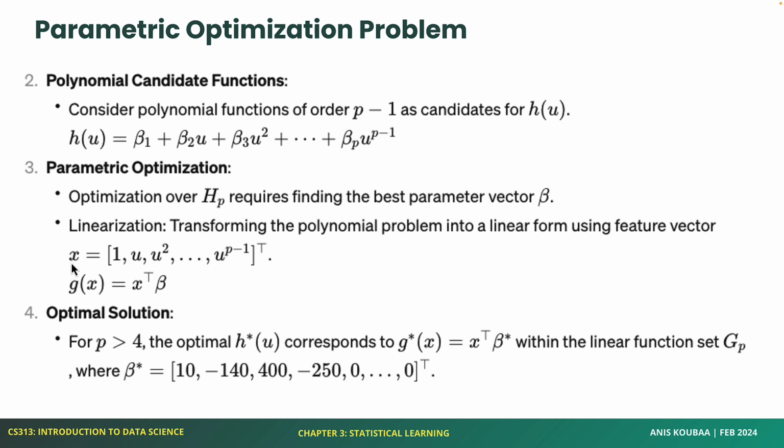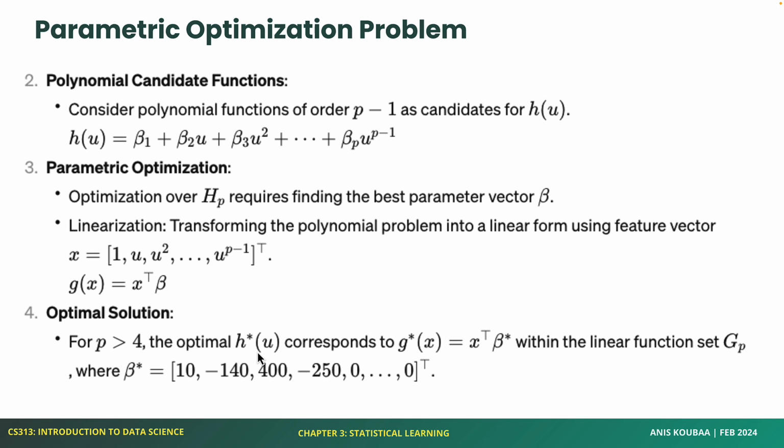Now we have defined a feature vector, and our problem will be reduced to finding the function j such that j is equal to x transpose, the feature vector transpose, multiplied by another vector beta. So I'm going to create a vector beta 1, beta 2, beta 3, up to beta p. This is just vector multiplication.